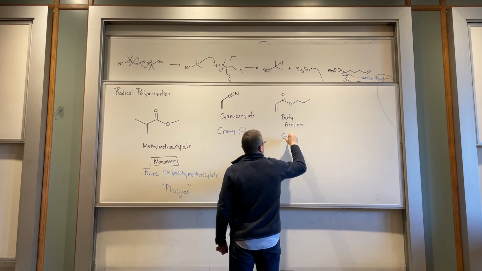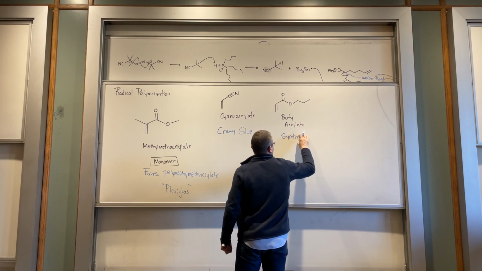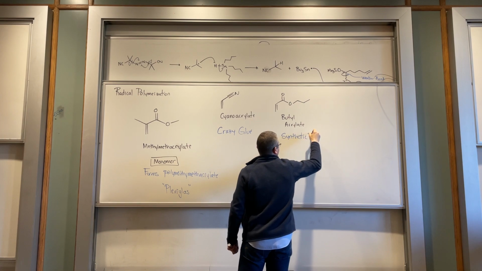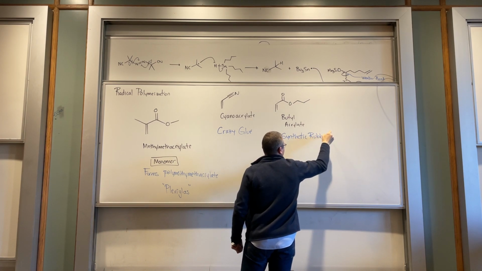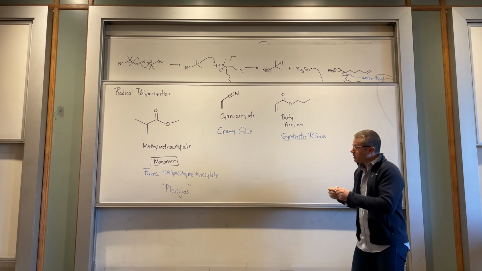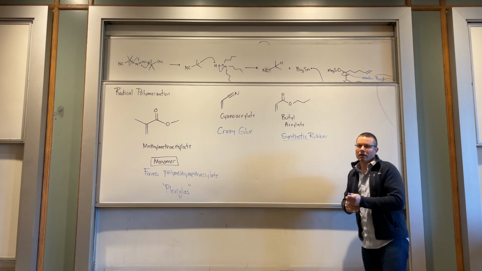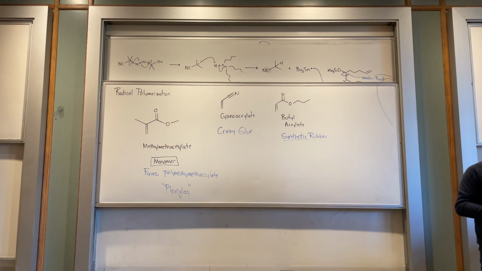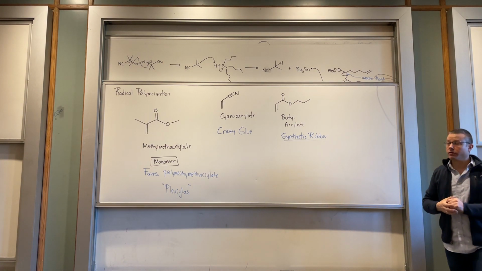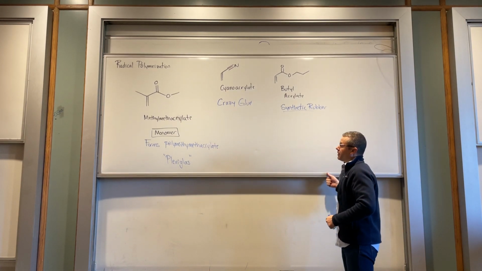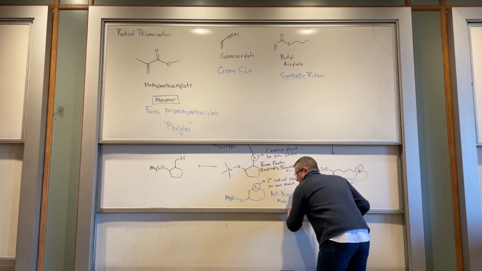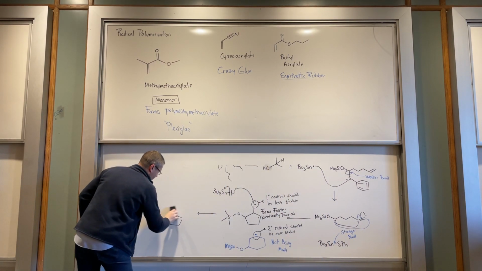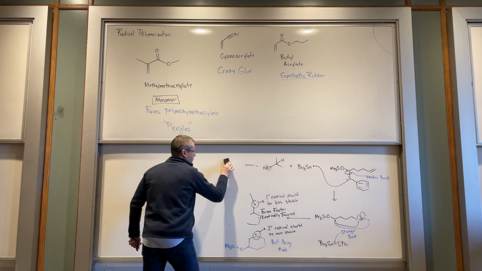And butylacrylate is the monomer used to make synthetic rubber. So you can see all of these are alpha beta unsaturated carbonyl compounds, but they're not going to react in a two-electron way like we've seen for other alpha beta unsaturated carbonyl compounds. So let me give you an example.